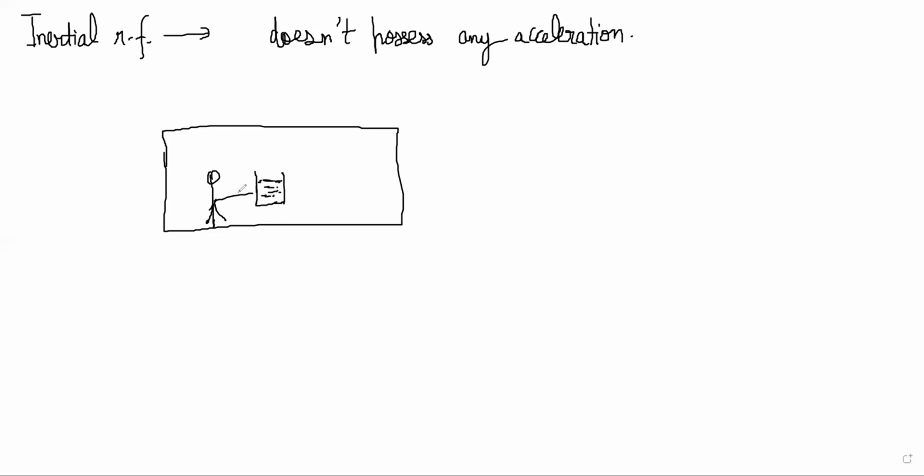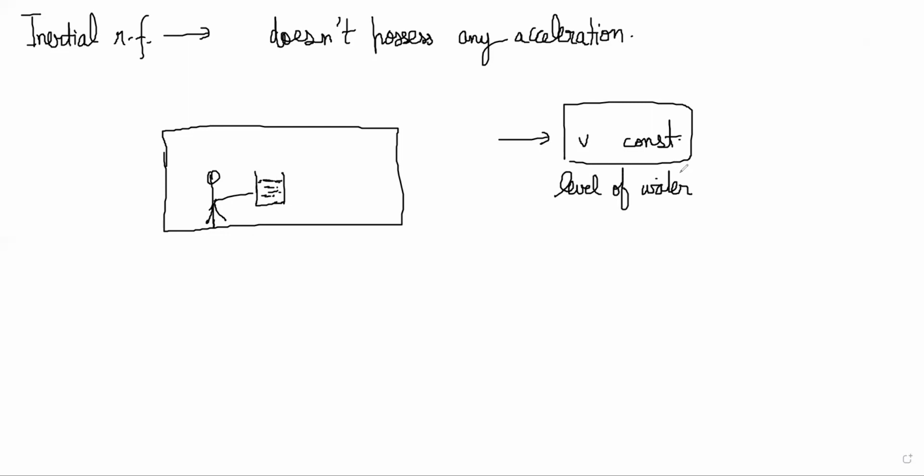Now, when the train is moving at constant v, the level of the water in the glass remains horizontal. So that is what you would notice normally. If your train was not moving, v was 0, or if it was moving with constant velocity, the water level in the glass remains horizontal.